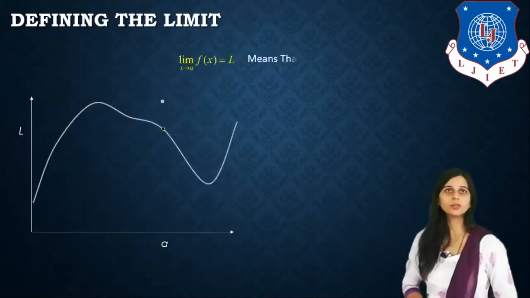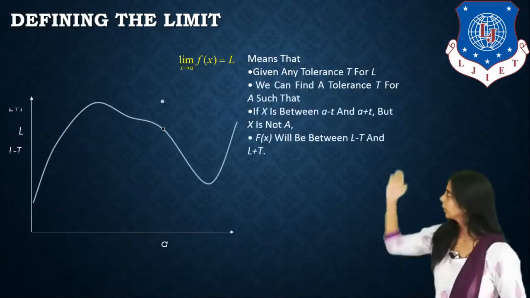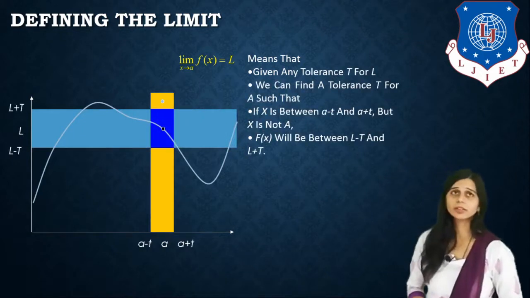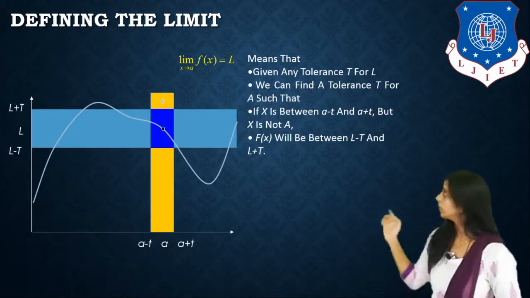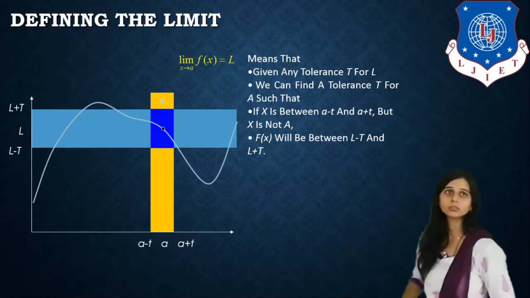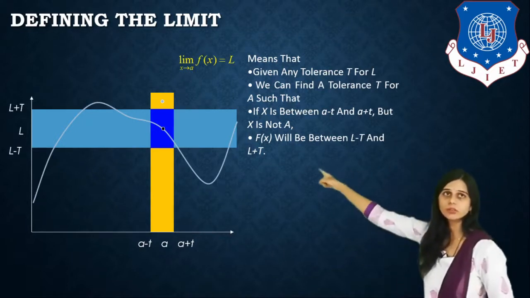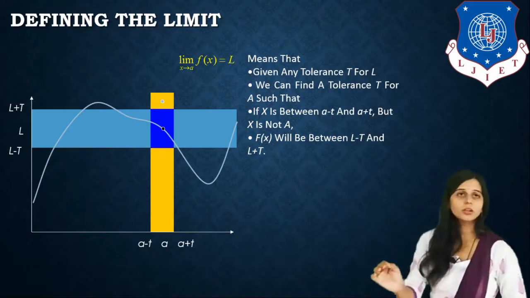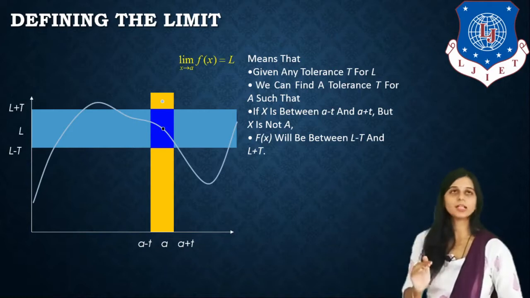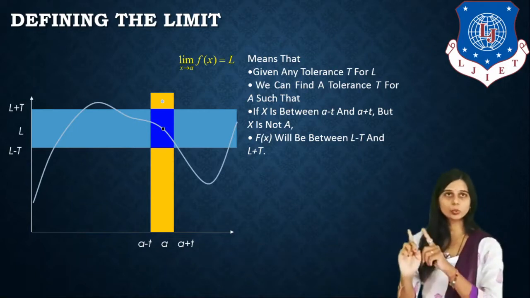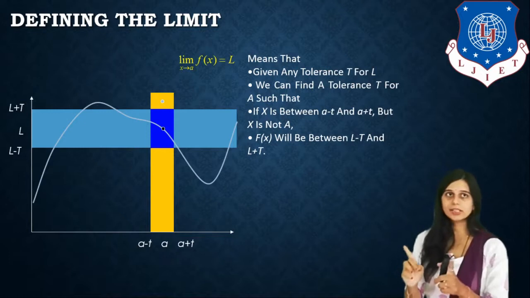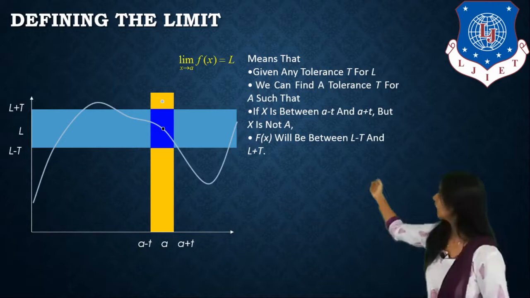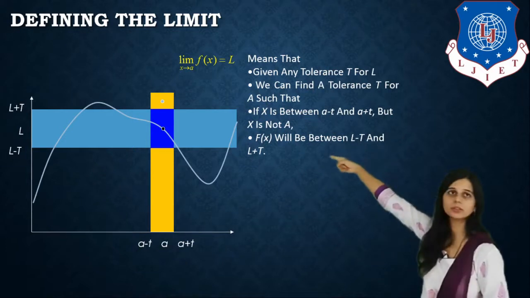Now, defining the limit using a graphical method. The limit as x tends to a of f of x equals L means that given any tolerance t for L minus t to L plus t, if x is between a minus t and a plus t but x is not a, then f of x will be between L minus t and L plus t.